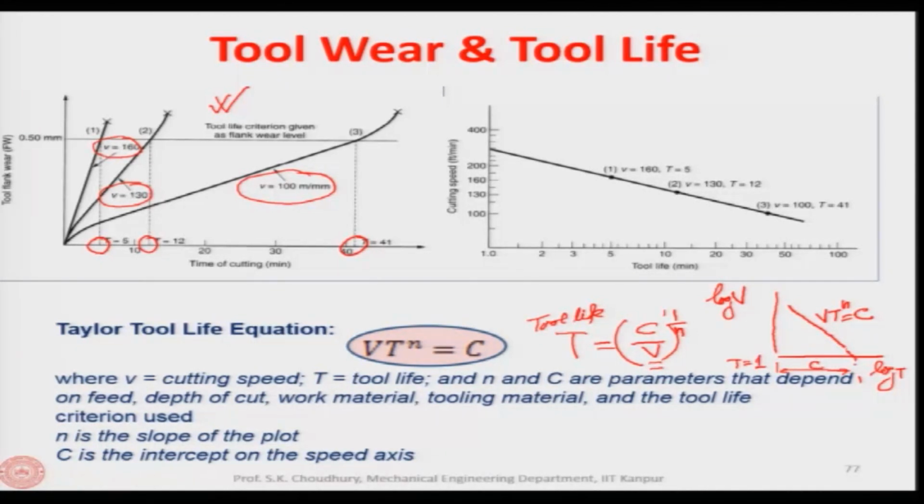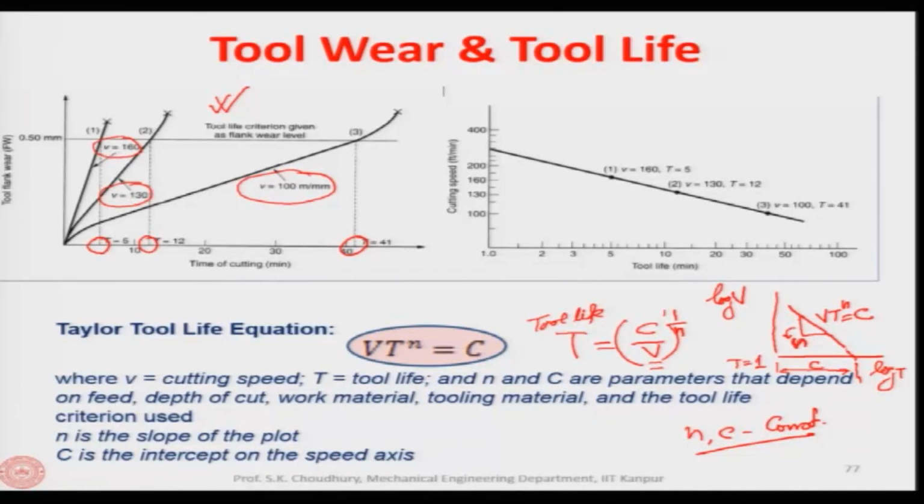So, n and c are constants, v is the cutting velocity, and t is the tool life.